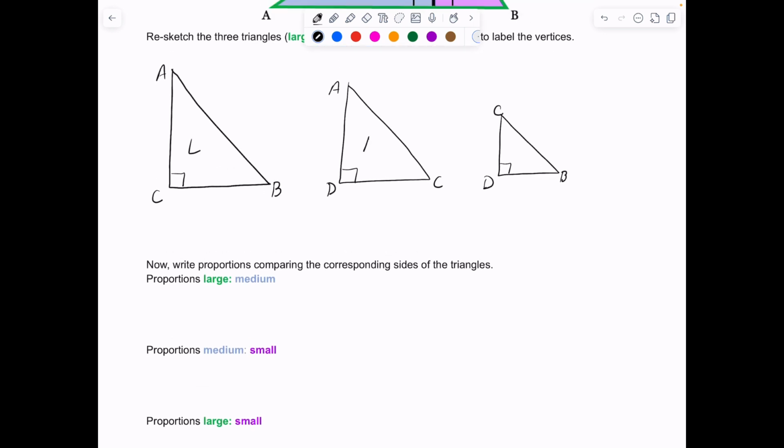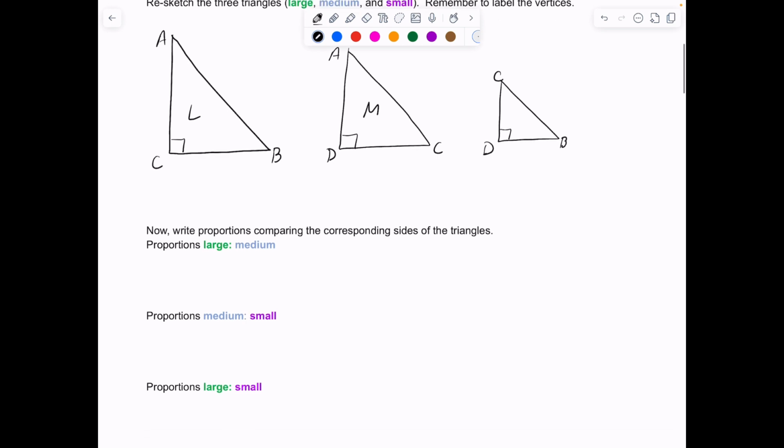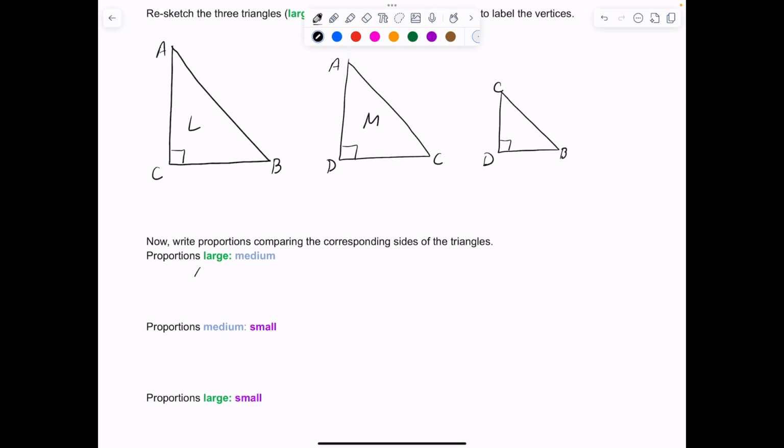So if I do side length AC over side length AD, that has to be the same as, you can choose whichever one you want here, side length CB from the large over side length DC. And then my last one, the one that I haven't used yet, is the hypotenuse for my large one, which is AB, over the hypotenuse of the medium, which is AC.